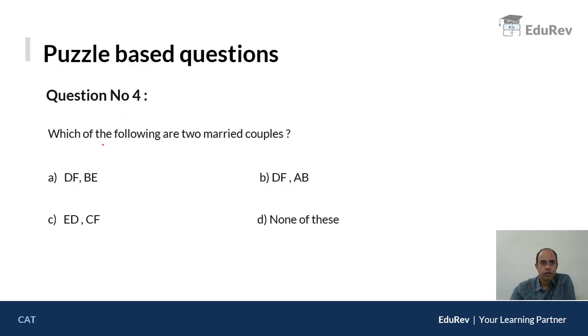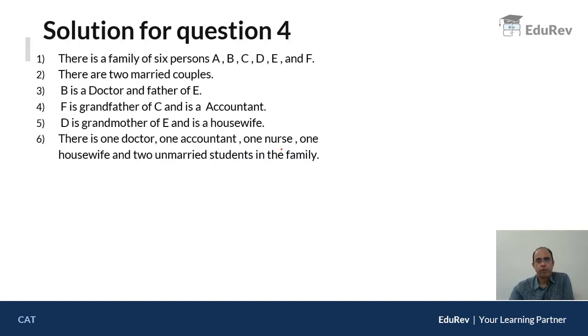Now, question 4. Which of the following are two married couples? For a better understanding, I am again drawing the family tree. The third statement says B is a doctor and the father of E. Therefore, plus.